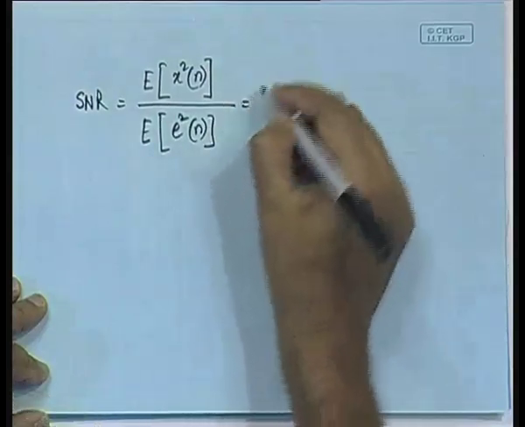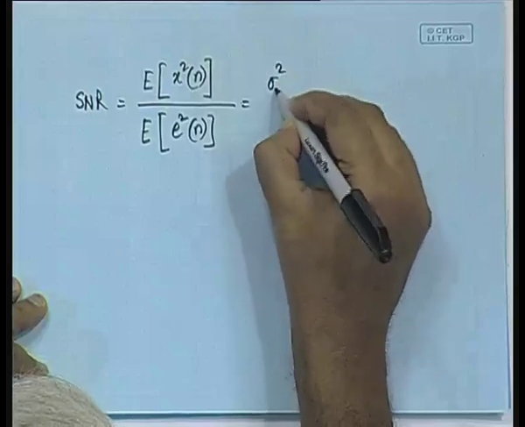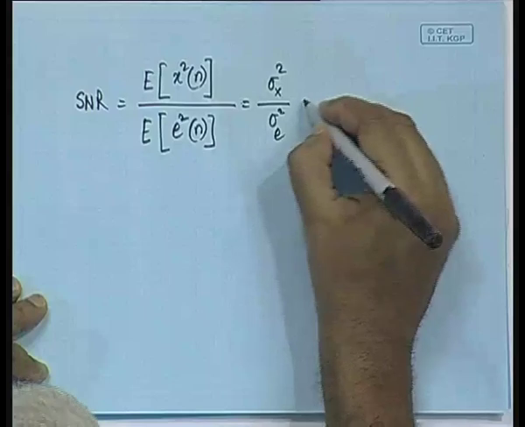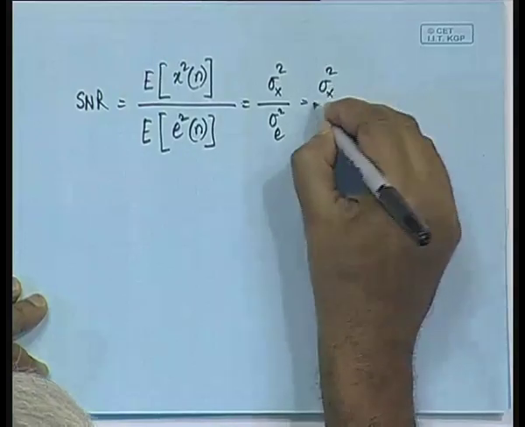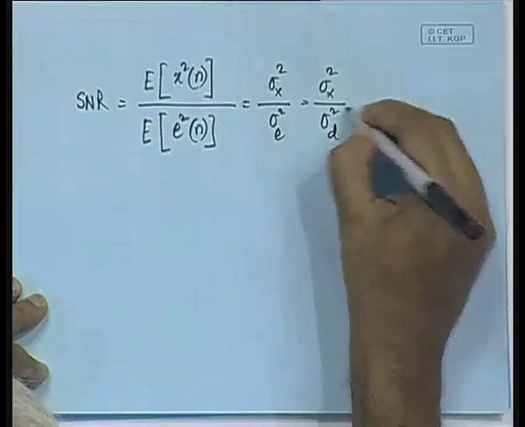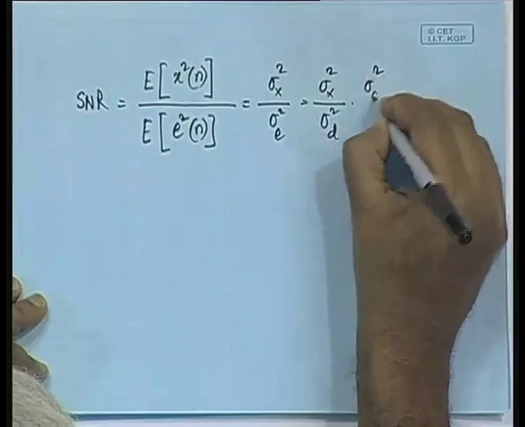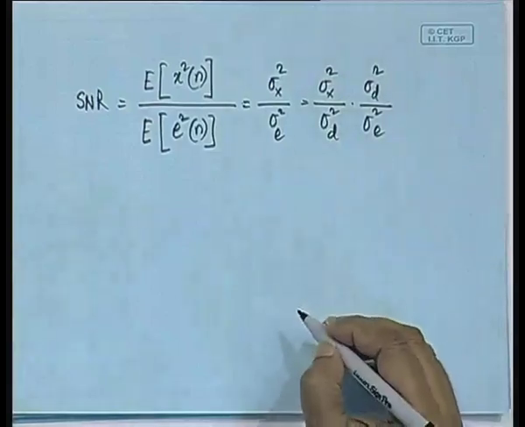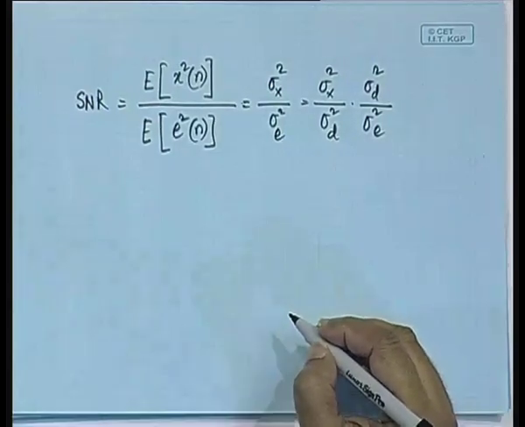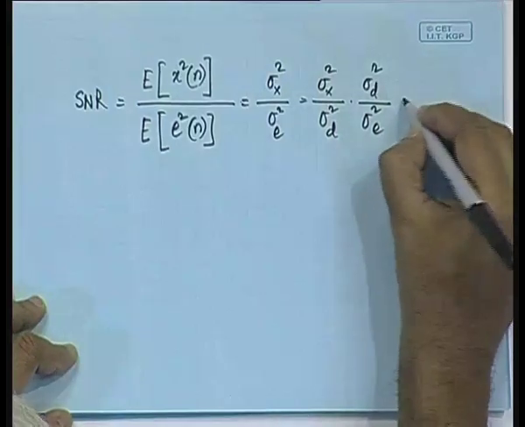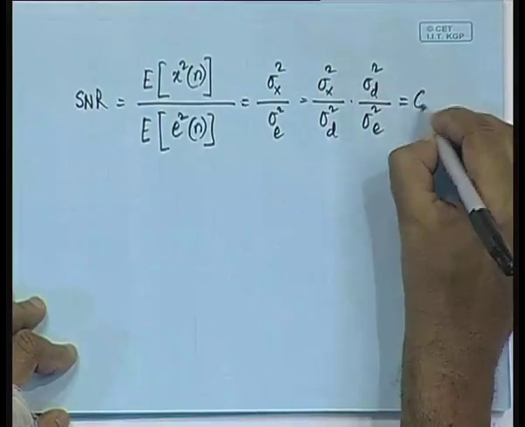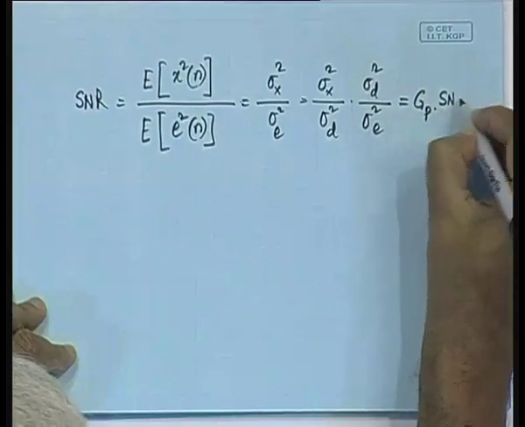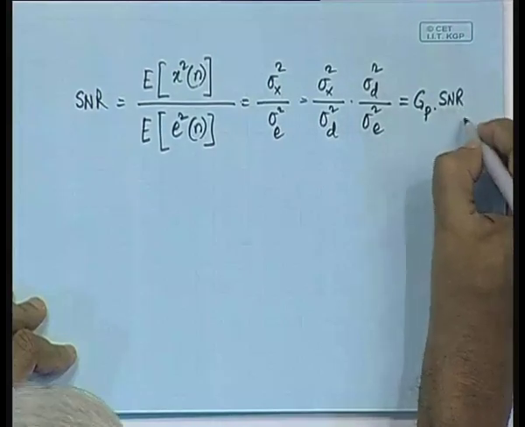So this can be written as sigma square x upon sigma square e, and this can be written as sigma square x by sigma square d into sigma square d by sigma square e. What is d? d is nothing but the differential signal. So this we can write as a term which we call Gp into SNR of Q.